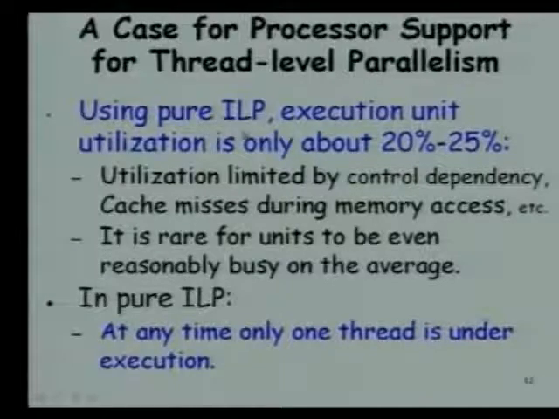We had seen that in modern processors, we have multiple functional units, floating point units, integer units, IO units, right, and so on, and their utilization is only about 20% to 25%. What is the cause for this? The problem is that there are various kinds of dependencies between the instructions, and as a result the utilization is limited. Not only that, what about cache misses during memory access?